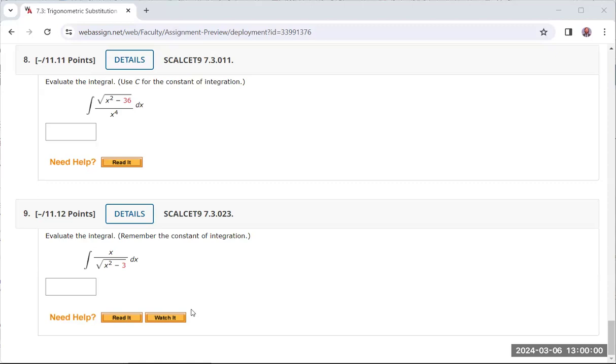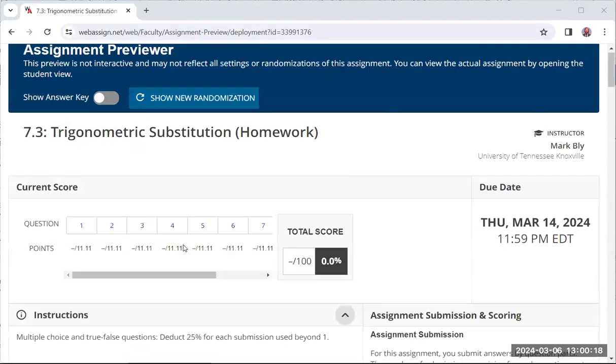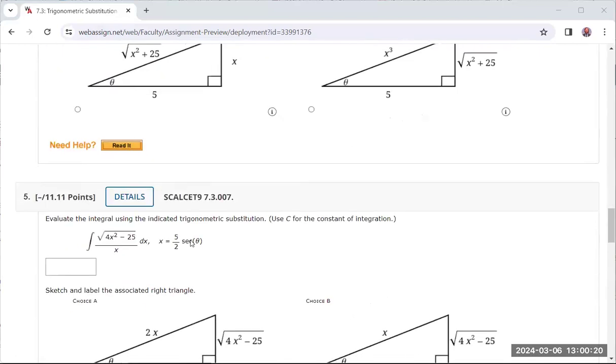So x over square root 3: hypotenuse x, adjacent side square root 3, and the opposite side turns out to be the square root of x squared minus 3. And then life is good. We can evaluate all of our trig functions because we have a right triangle using SOHCAHTOA. So, hey, that is a discussion of the 9 trig sub exercises that we have.